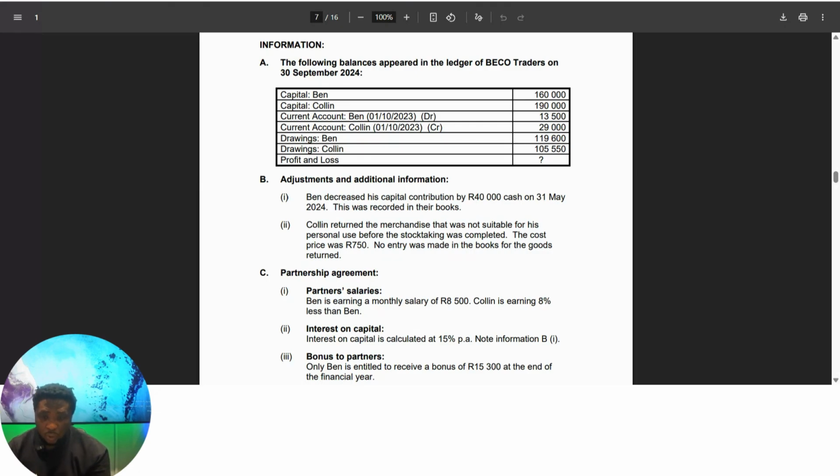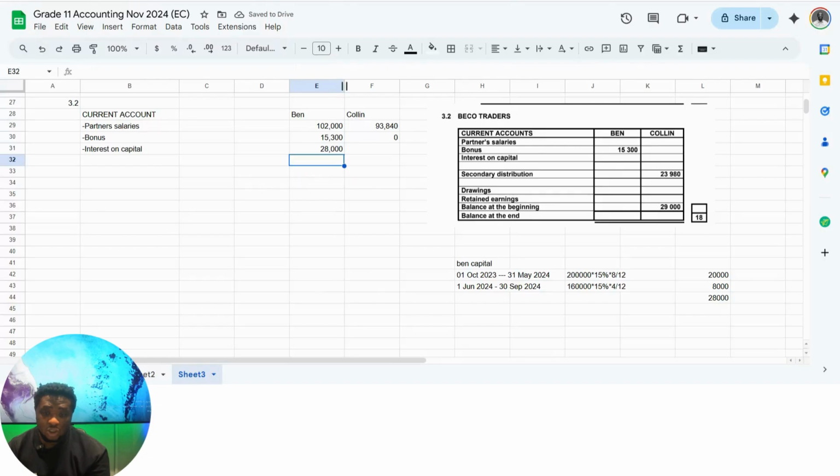So we'll get to that point. So then the balance of Colleen would have been 190,000 from the beginning of the financial year to the end of it. So it would be pretty straightforward for Colleen because we take the 190,000 multiply by 15% times 12 over 12, which is just times 1, so it won't change much. And so that basically gives us the interest on capital.